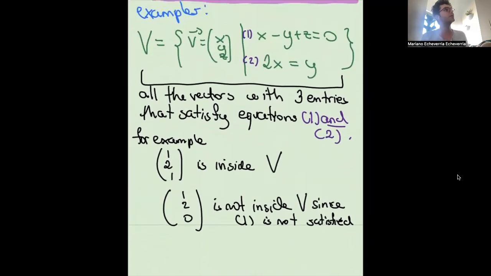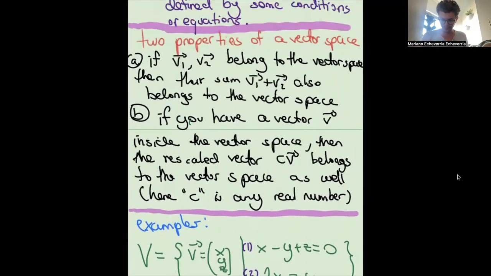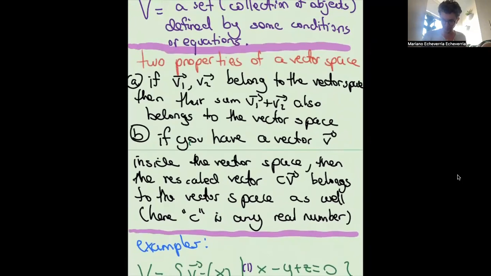So in general, I will write that as a remark, because that's especially useful to check that something is not a vector space. But yeah, 0, 0, 0 would have to belong to the vector space. That follows from the definition. It's a little bit hidden in here, because if you look at condition 2, it says that whenever you have a vector, then a rescaling of that vector should be inside.